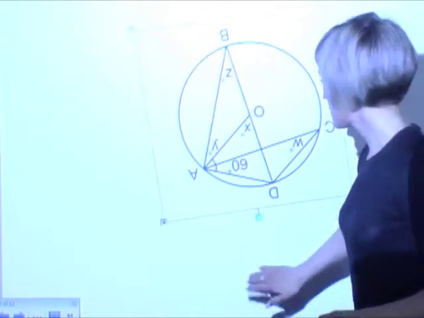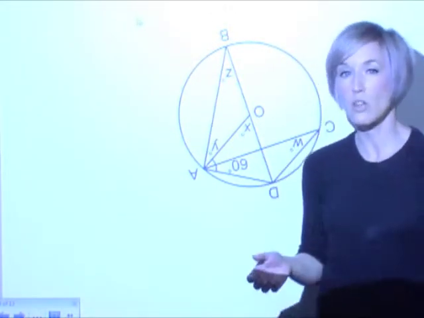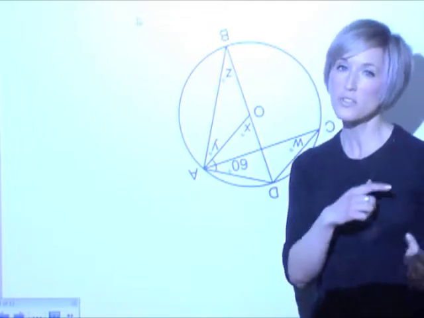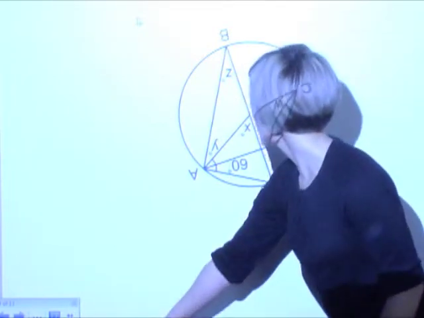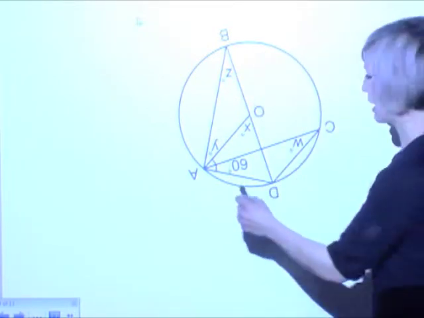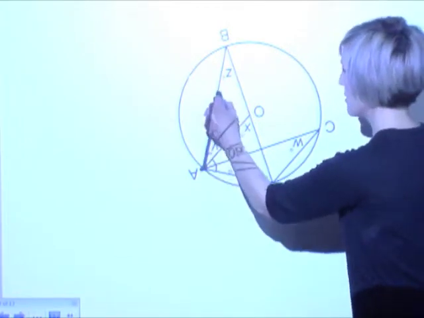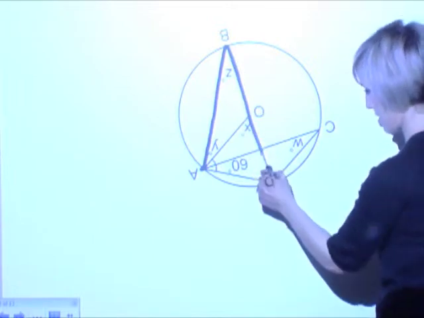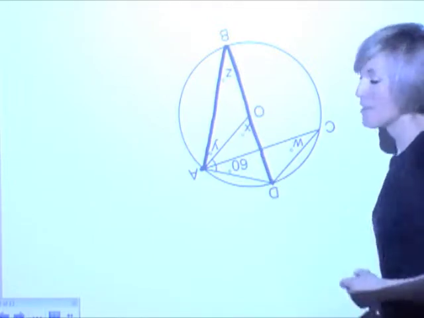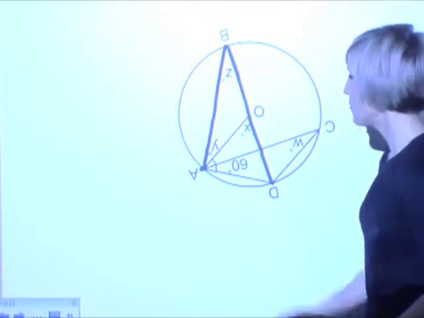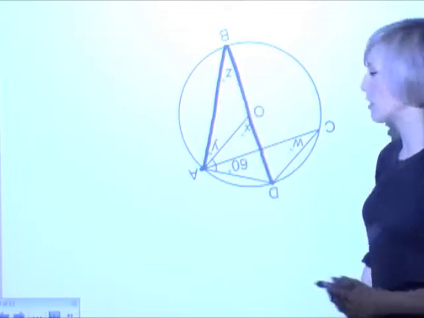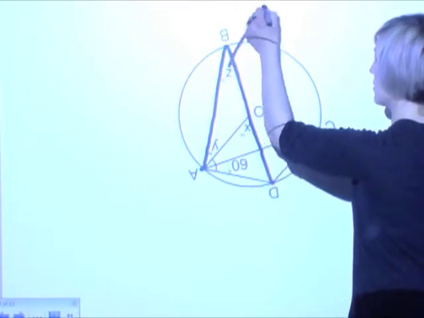A lot of times, it's really important to look at the question from different angles, and you'll see why in this example. If you take a look at the angles formed here, from A to B to D, that's an inscribed angle, and we just figured out that z was 30 degrees.